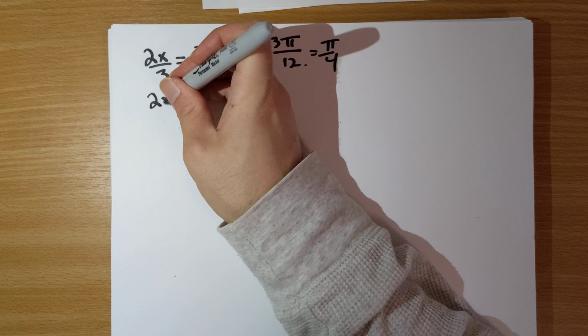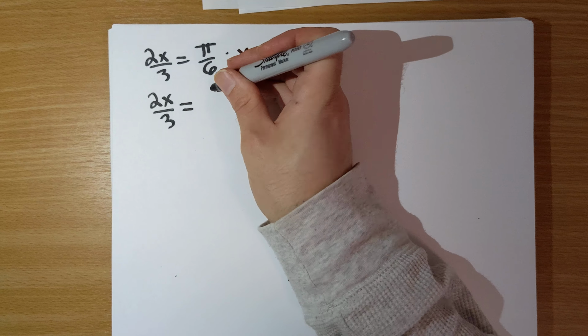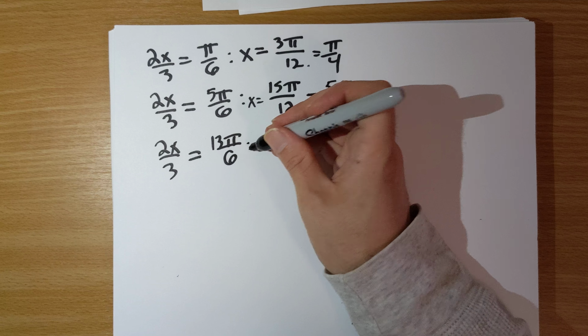The next one is 2x over 3 needs to be 5π over 6. Multiplied by 3/2, 15π over 12 is x, and that would be 5π over 4. The next one after this, 2x over 3, would be 13π over 6.